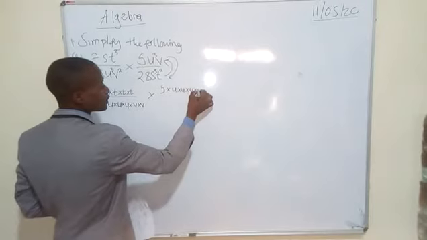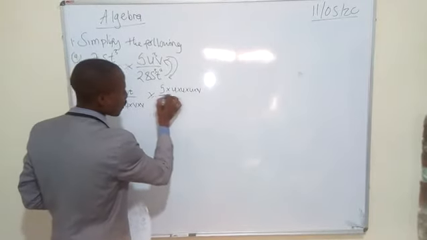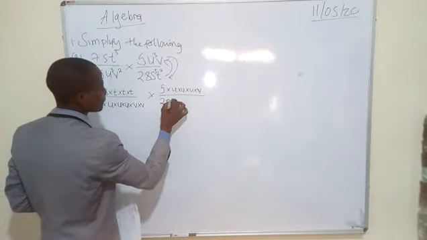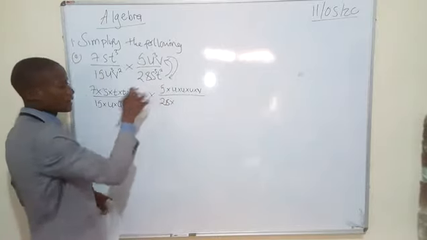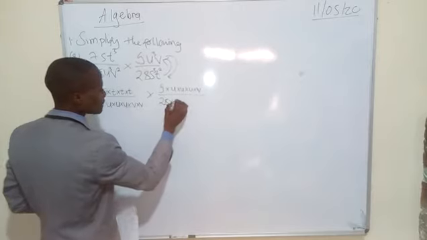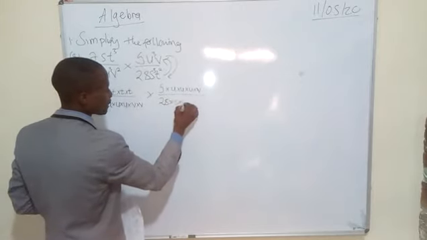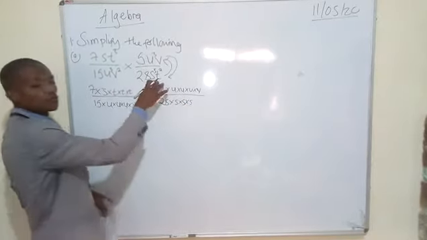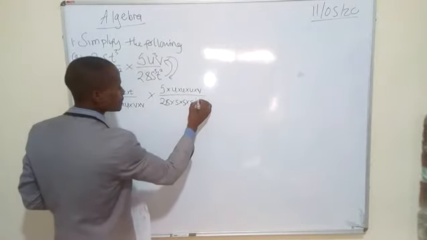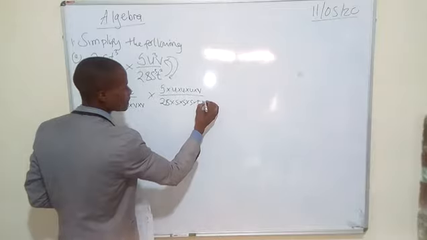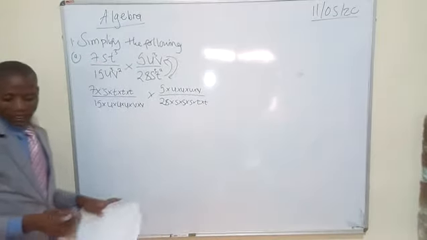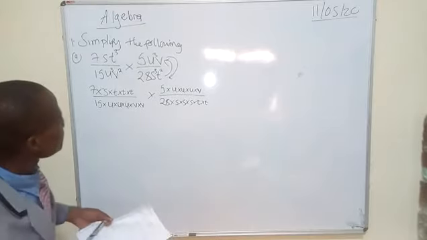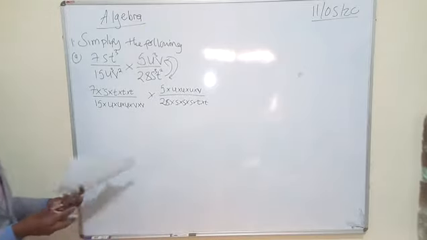Then times v over 28 times, we also have 3 s's, so that is 28 times s times s times s. Then we have t squared there, so times t times t. After expanding, that's when you can start cancelling easily what is common both on top and at the bottom.